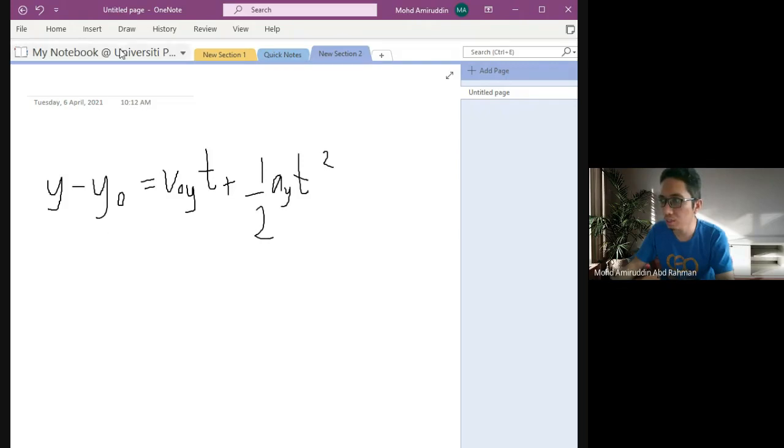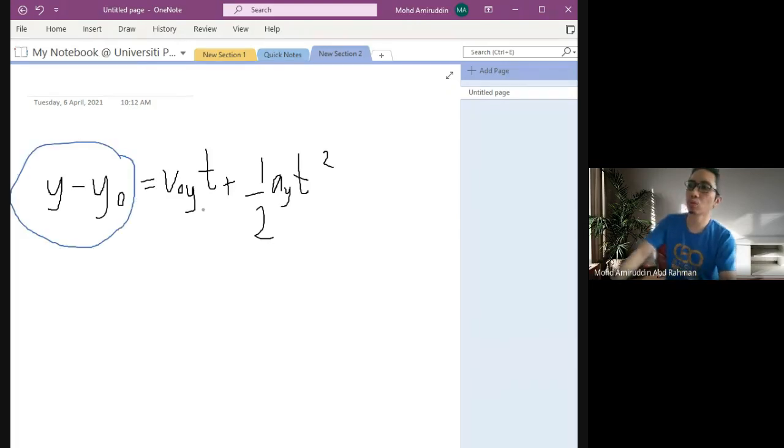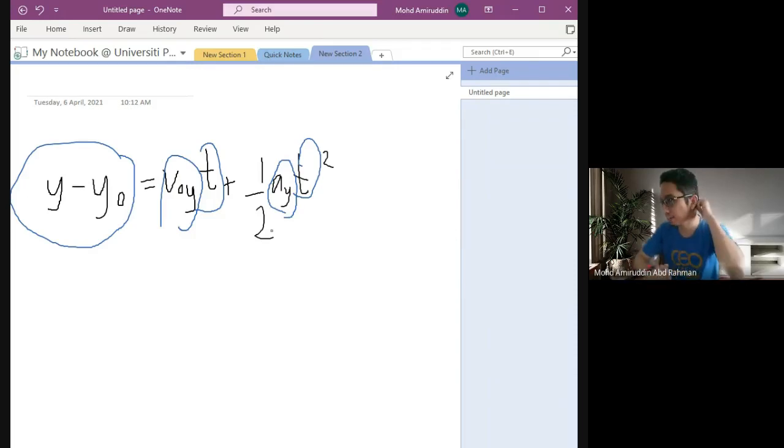So this is actually your height. As you remember, this is actually the height. So we already have time, and a y we also have. So a y is minus 9.8, v naught y is 0. So we are left with that equation.